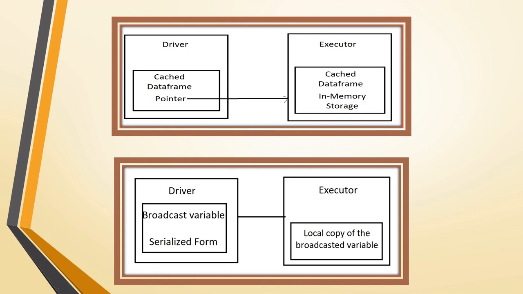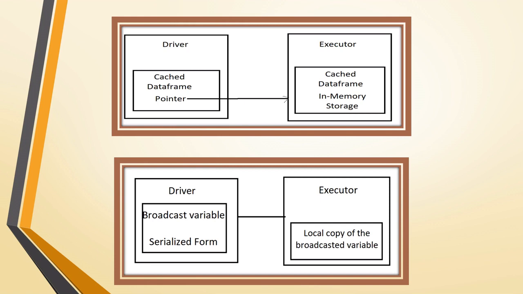During any task execution, the executor can access the relevant partition of the cached data frame from its local memory itself. Thus it avoids the need for any network transfer or recomputation. So the distributed caching mechanism improves the performance of subsequent operations that require the cached data frame. Clear here?